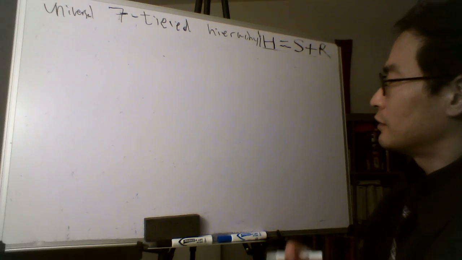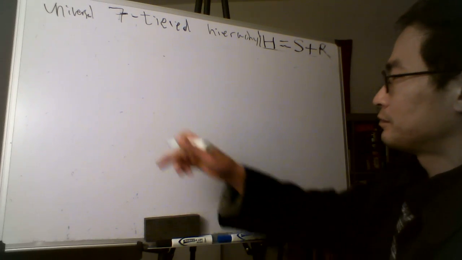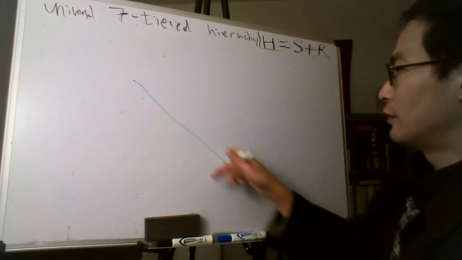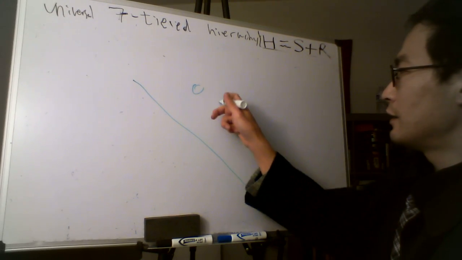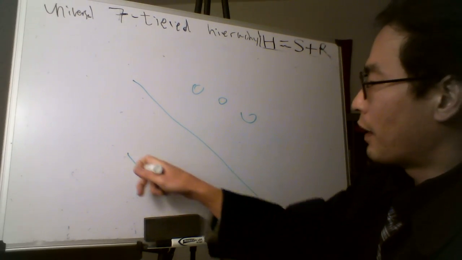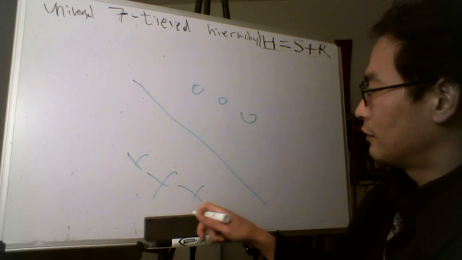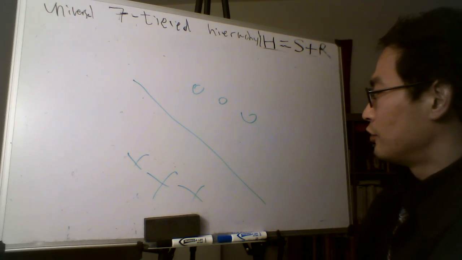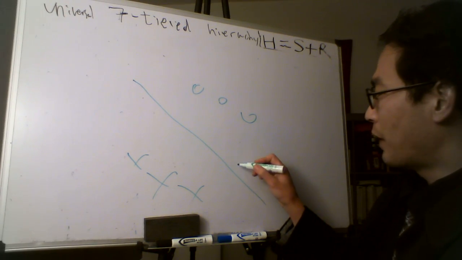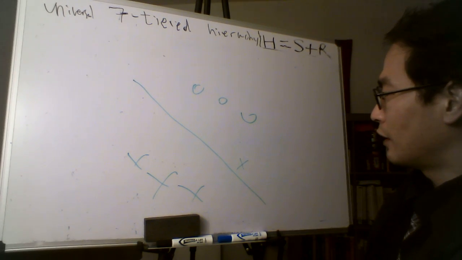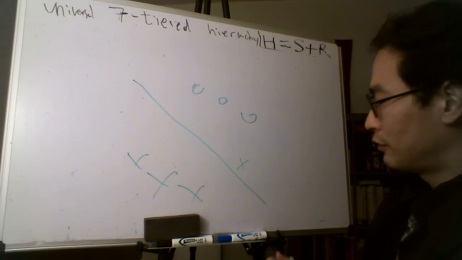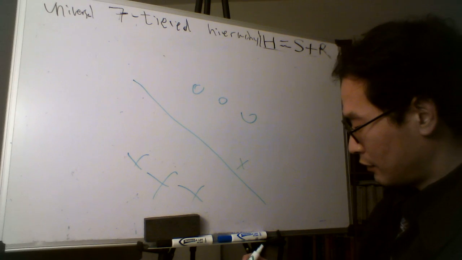Neural network is this, okay? Let's say there's a line, good guys, bad guys. If you misclassify a bad guy as a good guy, you wanna do better.